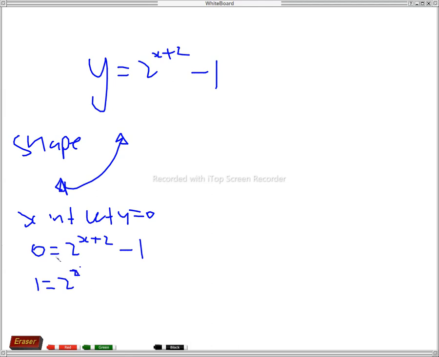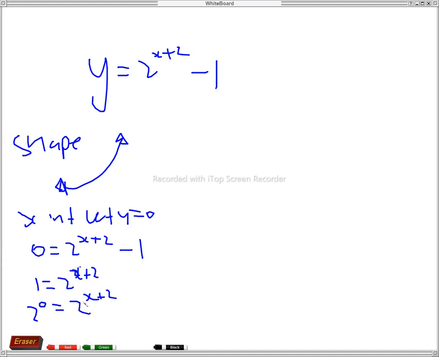These are exponents, guys. If you have to solve for x here, you have to apply the rules of the exponents. You know that any number to the power 0 is equal to 1, and therefore we can simply write this 1 as 2 to the exponent 0.